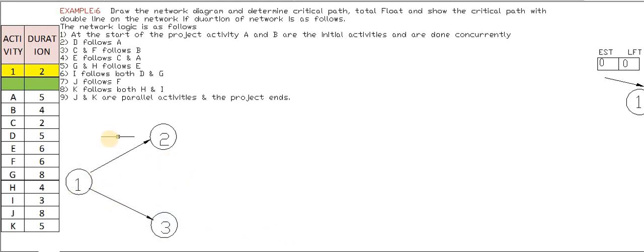So we are giving these event numbers as 1, 2, 3, 4.